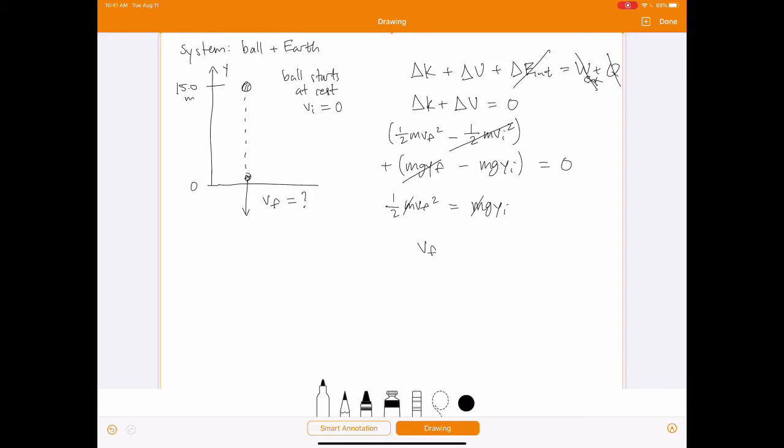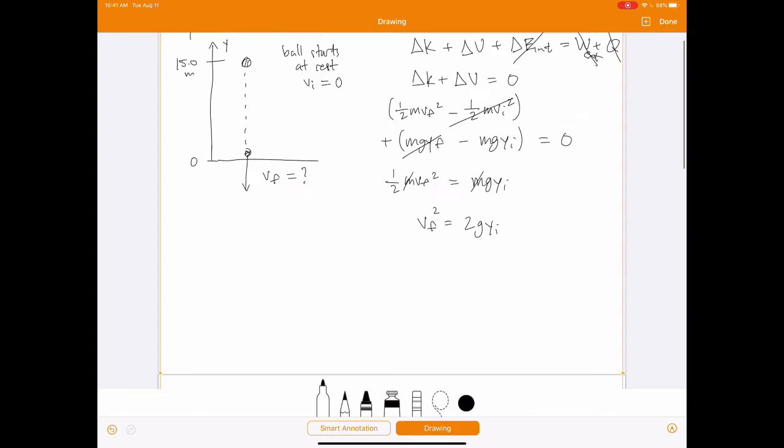So therefore v final squared is equal to 2 g y initial. And then if I just take the square root of both sides, v final is the square root of 2, and let's put the numbers in. g is 9.8 meters per second squared. y initial is 15 meters. So if you crunch those numbers, what you're going to get is about 17 meters per second.